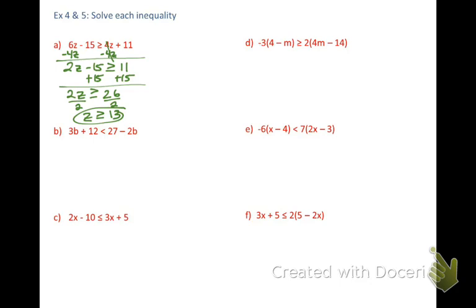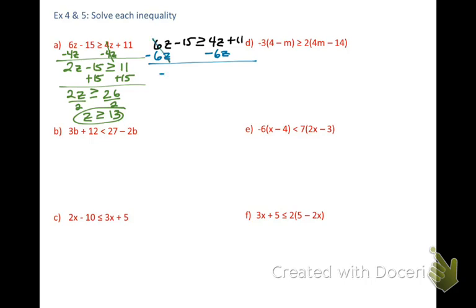I'm going to do 6z minus 15 is greater than or equal to 4z plus 11. I'll bring the 6z over. I'm going to do it a couple different ways. I'm going to keep erasing what I do underneath. You can just watch and see which one is easiest for you and why I chose taking the smaller one over to the bigger one.